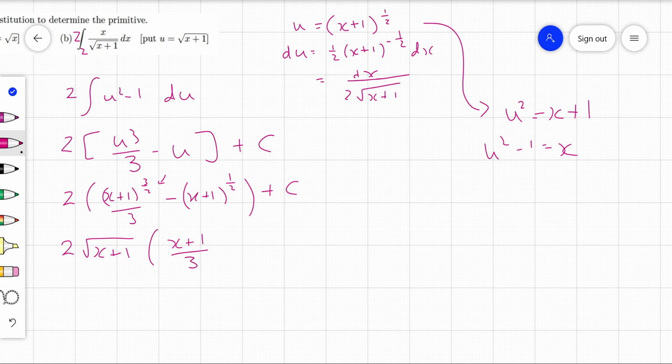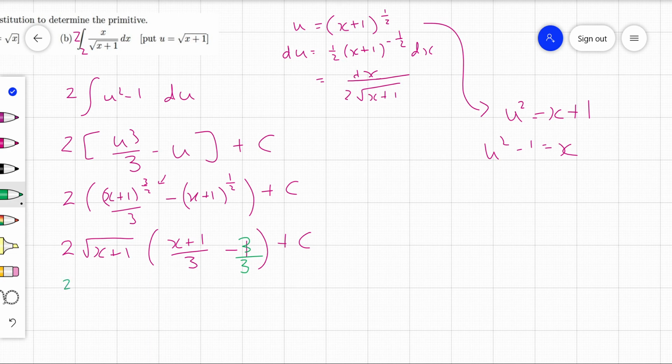And if I look at the next one, I've taken that out, so it's a minus 1. And if I want to, I could actually make this a common denominator of 3.